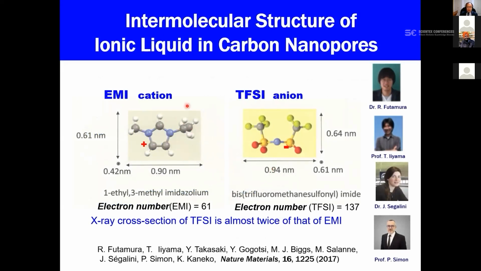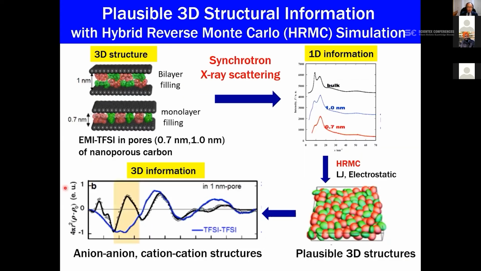Then we started the study using EMI and TFSI, the ionic liquids, using electron scattering. We measured synchrotron X-ray scattering, but we can get only 1D information, which is not sufficient.